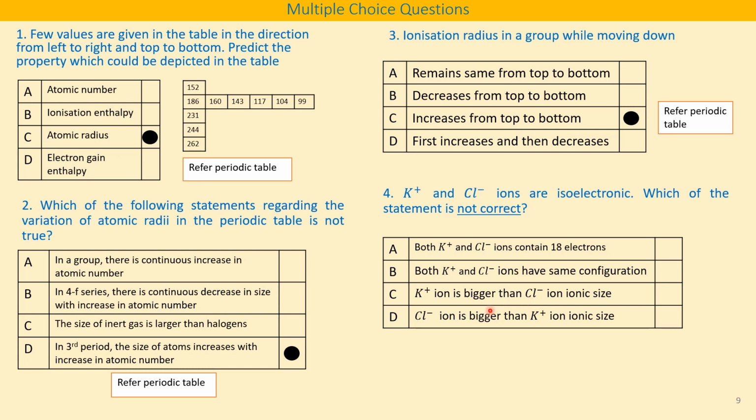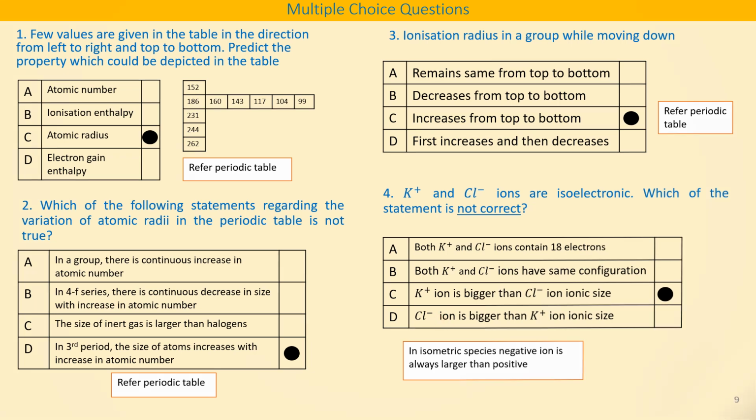This is wrong. And D, Cl minus ion is bigger than K plus ion. So this is correct. Please mark the answer. The wrong statement is that K plus ion is bigger. Actually K plus ion is smaller than Cl minus.